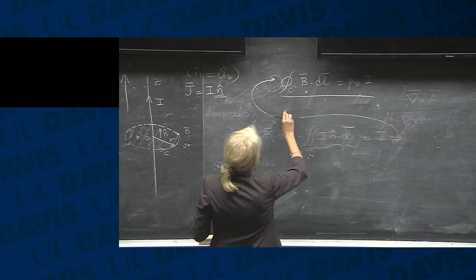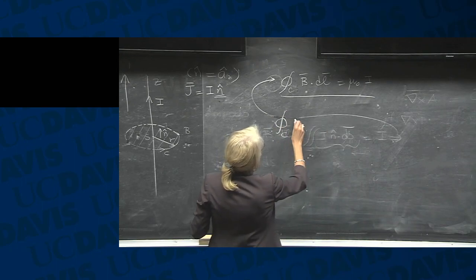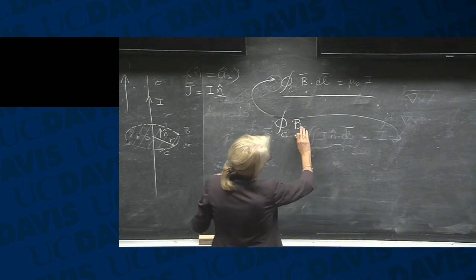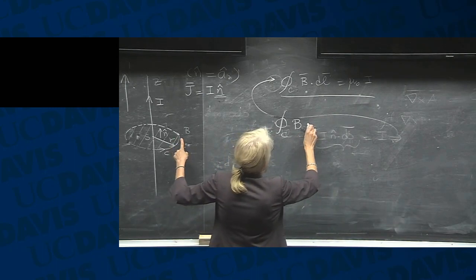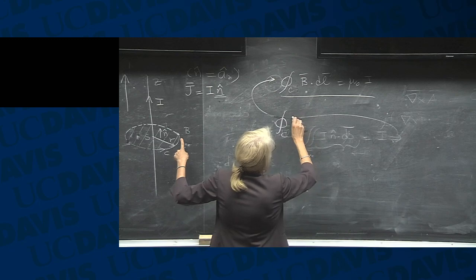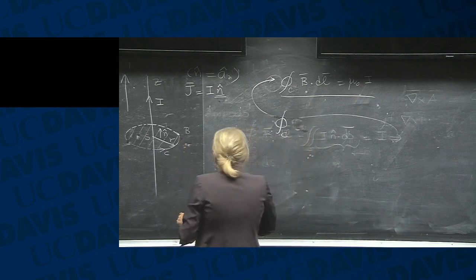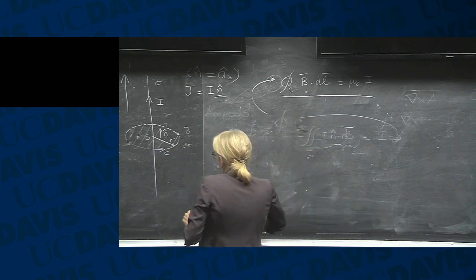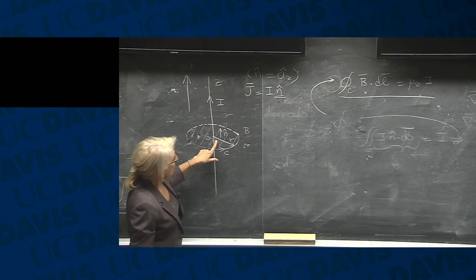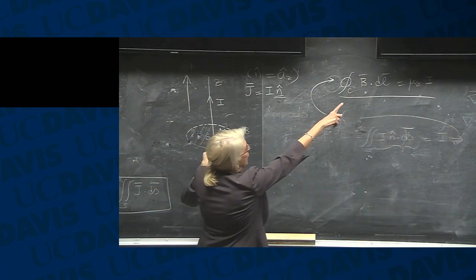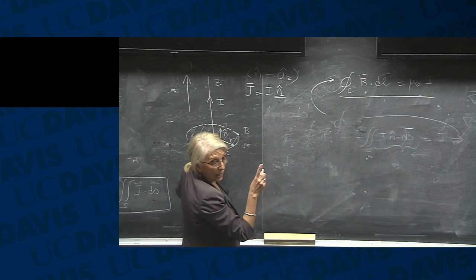Which then makes me rewrite this one to the following. C, B naught, okay, B, let's keep it B. And then I have the direction of B. Before we go there, one more thing. B is in a dot product with dl.